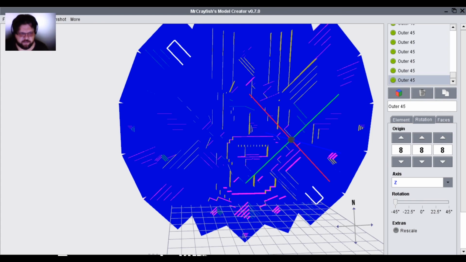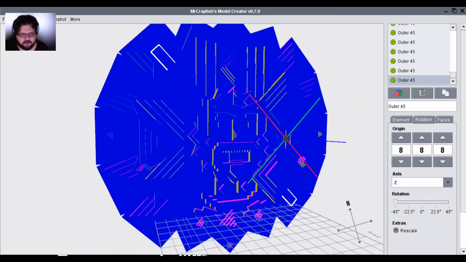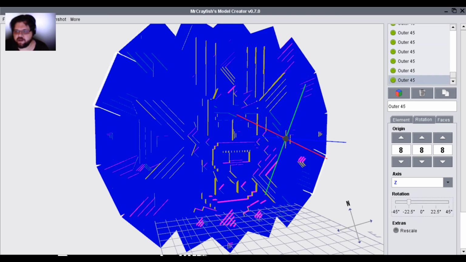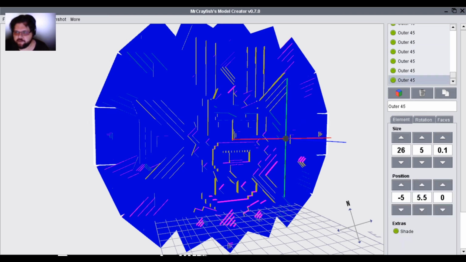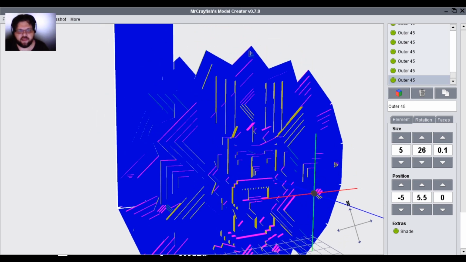How am I missing spots? I don't understand that. Let's try duplicating you, bumping you down to 0, swapping you to 5 and 26, and that messed that up.